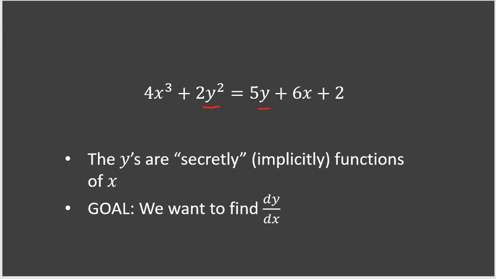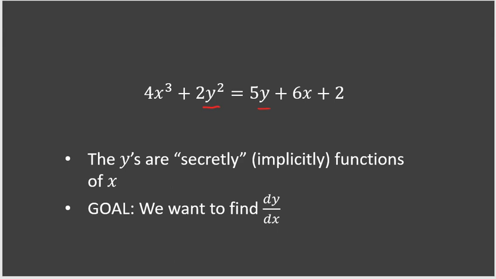The technical term is implicitly: the y's are implicitly functions of x. And our end goal is that we want to find what dy over dx is going to be.